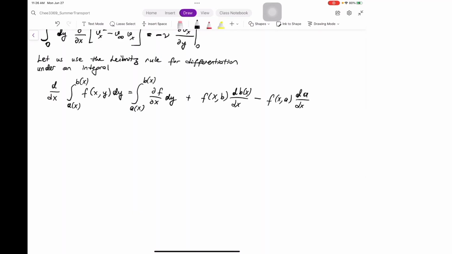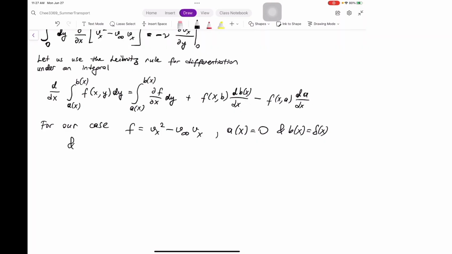So for our case, our f is Vx squared minus V infinity Vx, right? Our a of x is equal to 0, the lower boundary, and our b of x is delta of x.